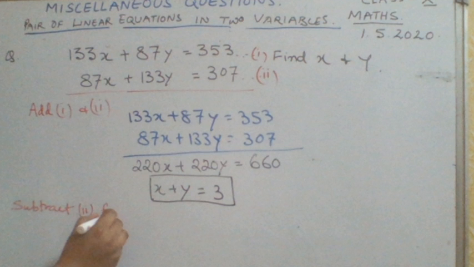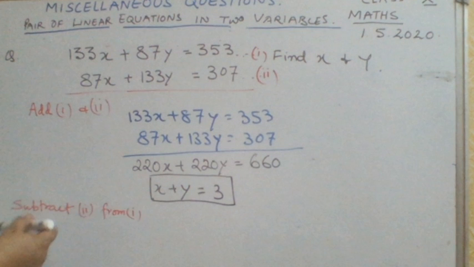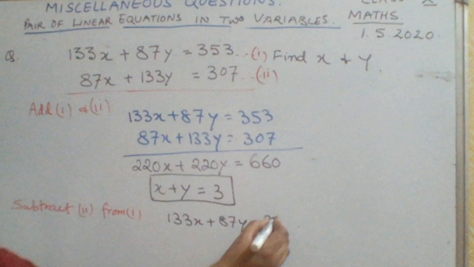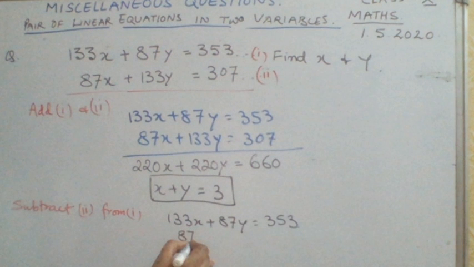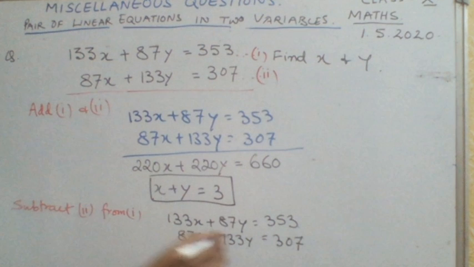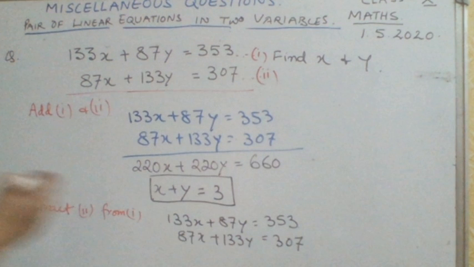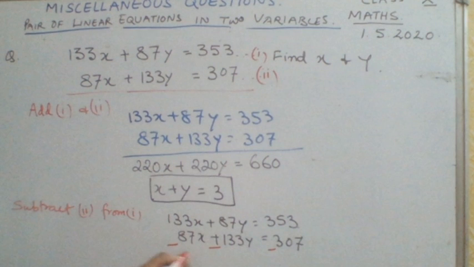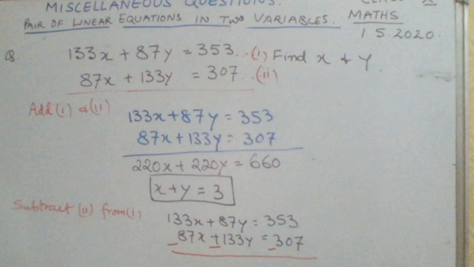So this will give you 133x plus 87y is equal to 353, and this is your 87x plus 133y equal to 307. And now we are going to subtract them. So if you subtract, this is minus, and this is minus. So your difference comes out to be what?